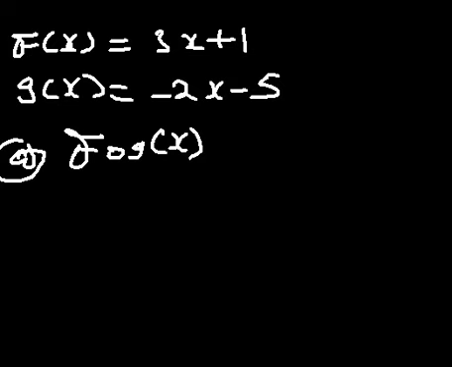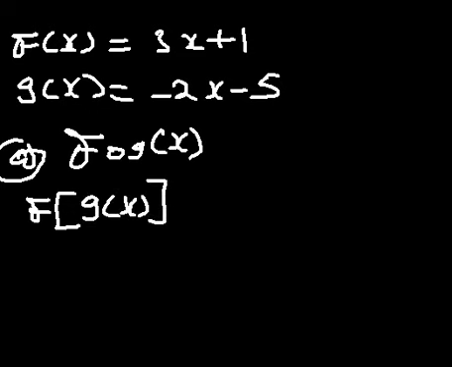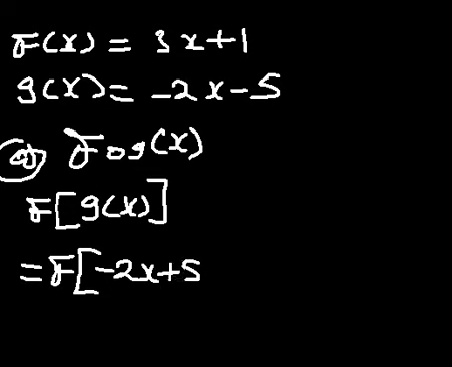What it means is that we'll have f of g of x. So we'll have f of what is g of x, negative 2x plus 5.